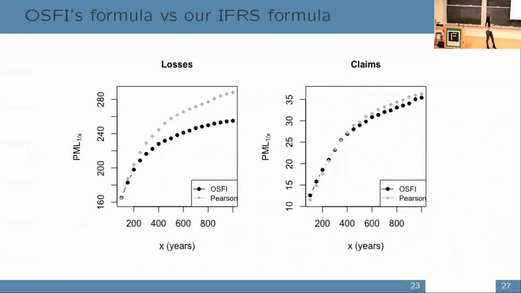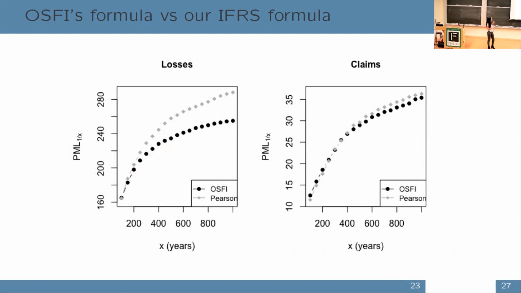So what happens if we use OSFI versus the IFRS type of capital requirements? For the losses, we see that there's a bigger difference between the Pearson correlation and the OSFI's calculation.